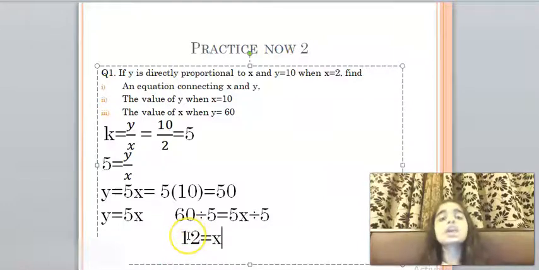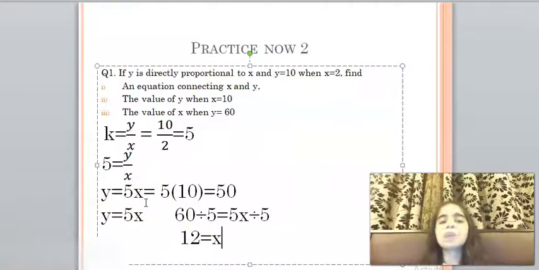And then you can even check your answer by putting it back into this equation, which is y equals 5x. So if I put the value 12 in place of x, 5 multiplied by 12 will give me 60. And here it is. So yes, your answer is correct.